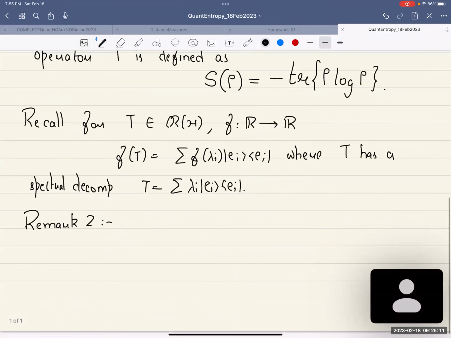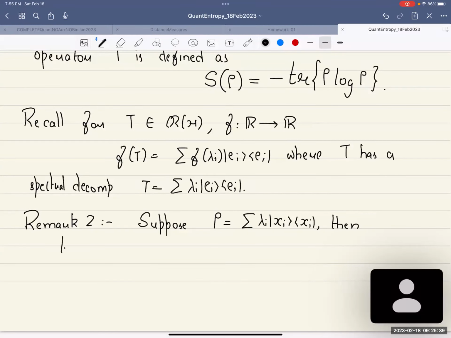Suppose rho is summation lambda_i x_i x_i, and I'll assume I have eliminated those lambdas which are 0, so I'm only looking at the support of rho.